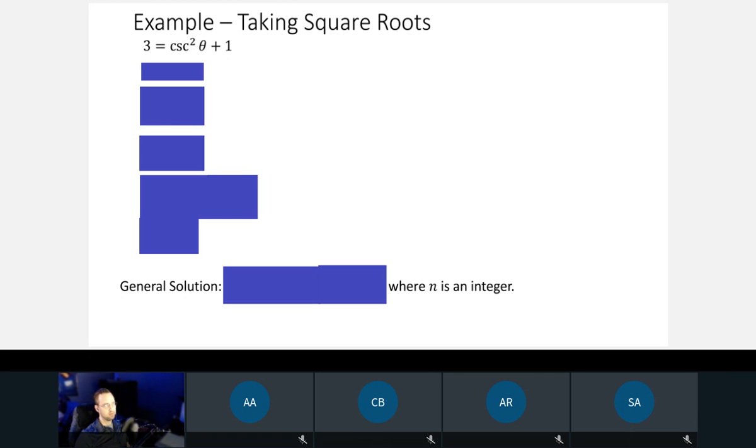All right. Anybody have an answer to this? So Caitlin got pi over 4. Any other answers besides pi over 4? So you should be using your unit circle for this. Yeah, I believe you should have 2 answers, but I could be wrong.